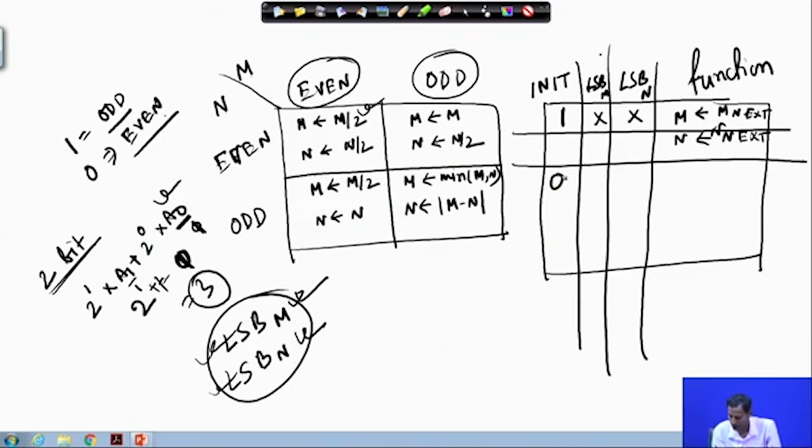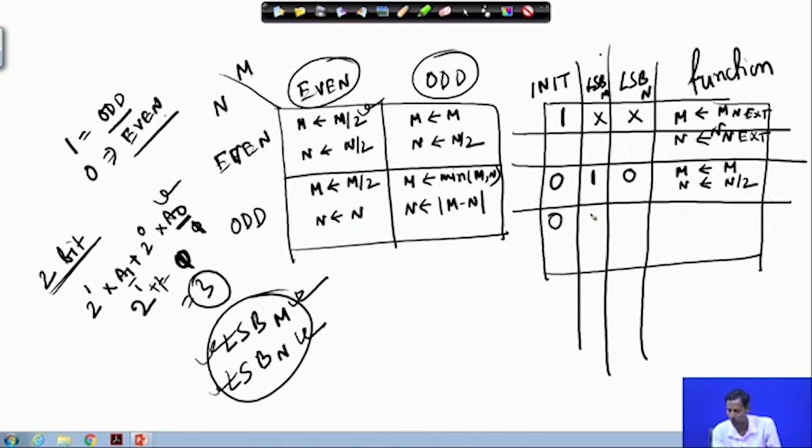Whenever this is 0, and LSB of m equals 1 and LSB of n equals 0, at that time what will happen? M equals m and n equals n by 2.